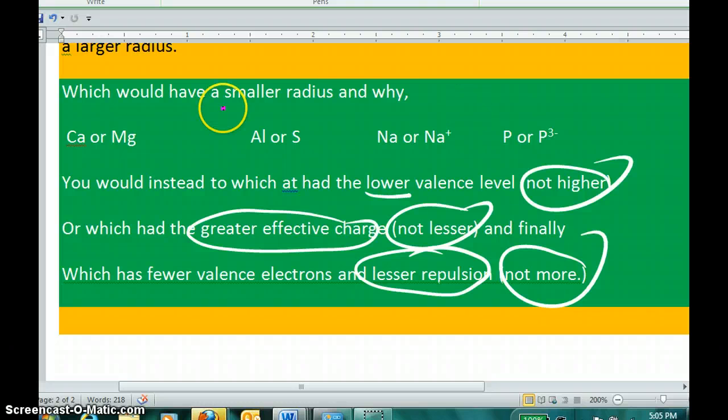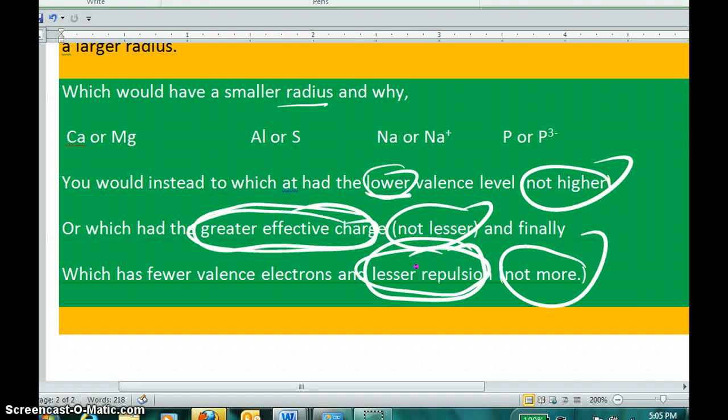If you're asked who has a smaller radius, think through the same sequence, but start with looking for the lowest valence level. That would have a smaller radius. Look who has a greater effect on the valence electrons, smaller radius. And see finally, if it comes to that argument, who has fewer valence electrons and therefore lesser electron repulsion.